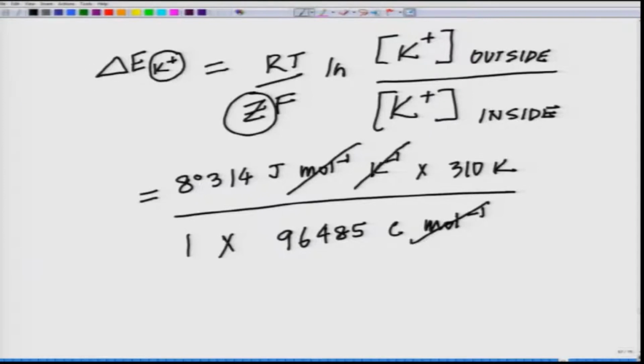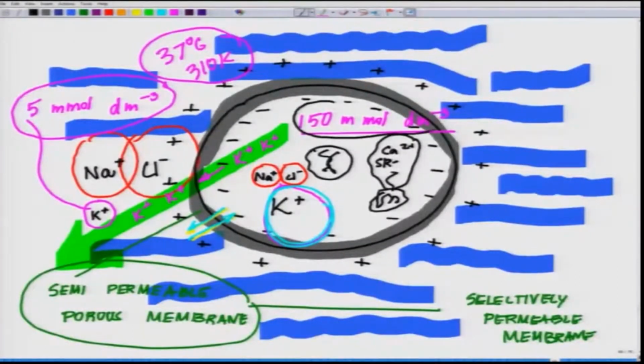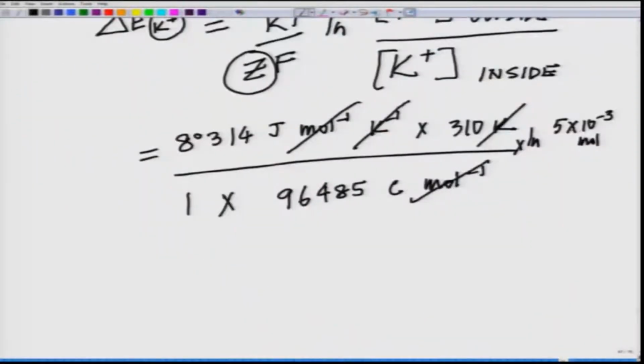This cancels, this one cancels, multiplied by natural log, putting the value outside, which is 5 into 10 to the power minus 3 mole. Do not get confused, this was in millimole, so it is converted into moles. Divided by 150 inside, multiplied by 10 to the power minus 3.